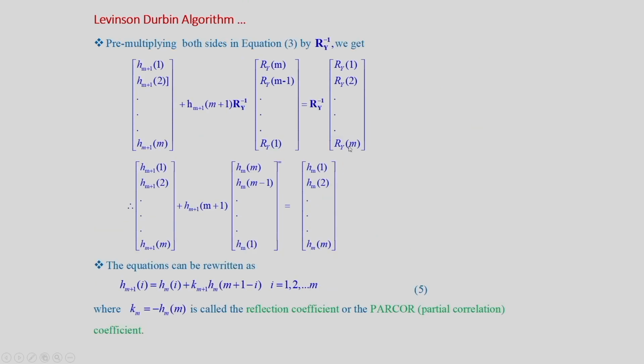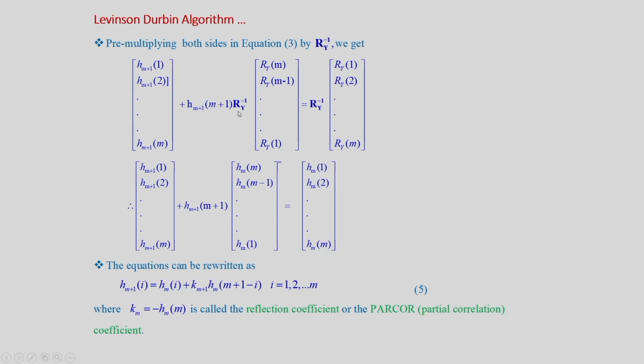That way, pre-multiplying both sides in equation 3 by R_y inverse, we get the h_{m+1} vector plus this scalar h_{m+1}(m+1) into R_y inverse times this vector.